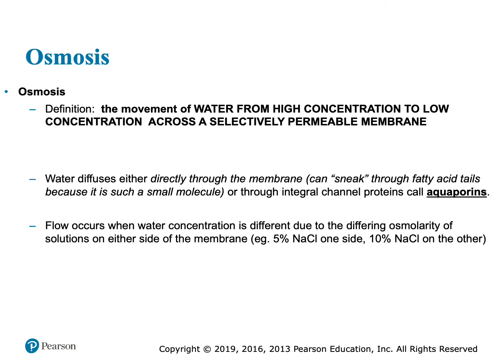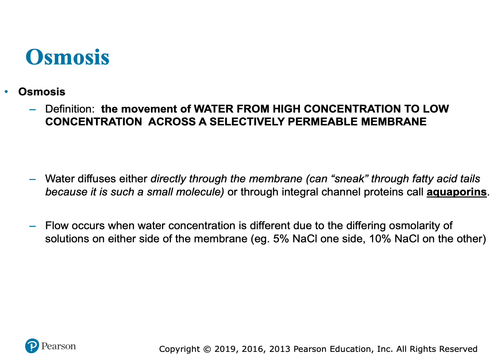So in this example, if I have 5% sodium chloride on one side and 10% on the other, I should say salt water. How about that? 5% sodium chloride is 5% salt in 95% water. 10% sodium chloride is 10% salt in 90% water. You see? So which one has less water?